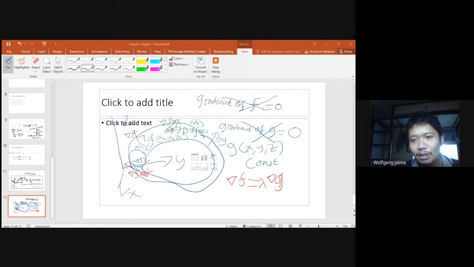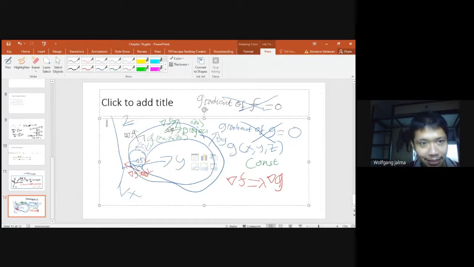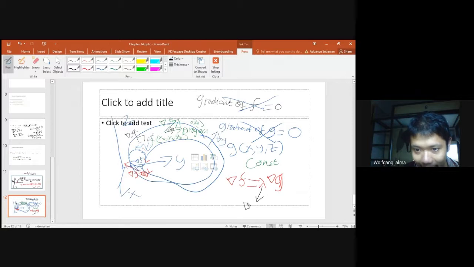Can I think about Lagrange multiplier as a point? No. Lagrange multiplier, this is lambda. Remember that Lagrange multiplier is a scalar, not a vector.